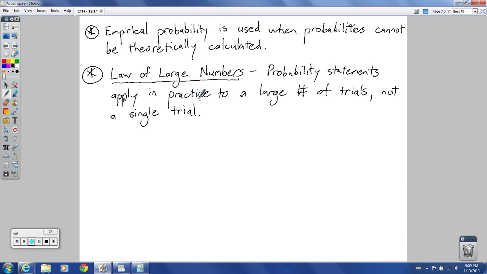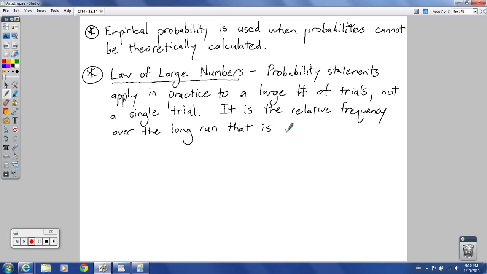Not a single trial. It is the relative frequency over the long run, over the long haul, that is accurately predictable.